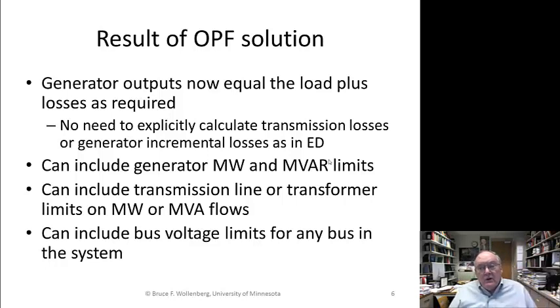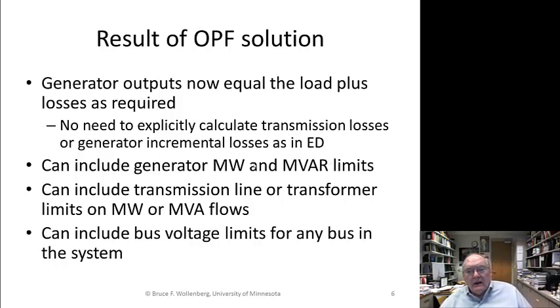It took a long time to get good, solid solutions. We'll talk about them later. But the solution of the optimal power flow later on in the 1990s and 2000s became the basis of the transmission operations for the modern power markets. Without those optimal power flow solutions, the modern markets would not have been able to operate.